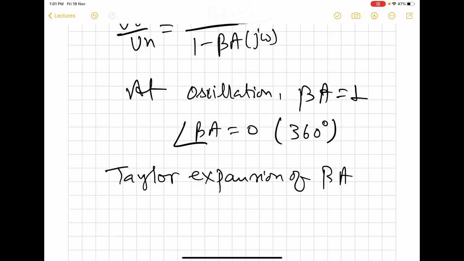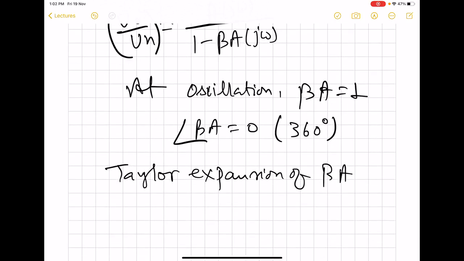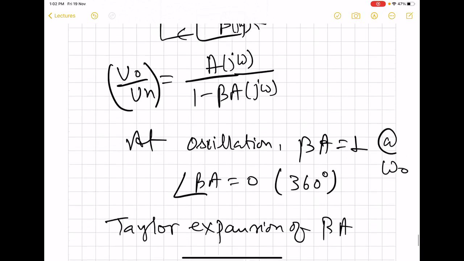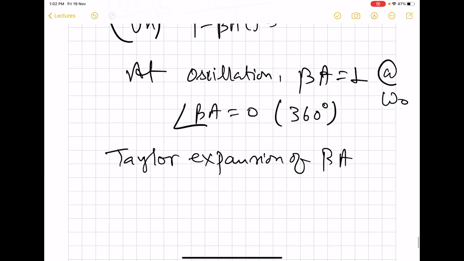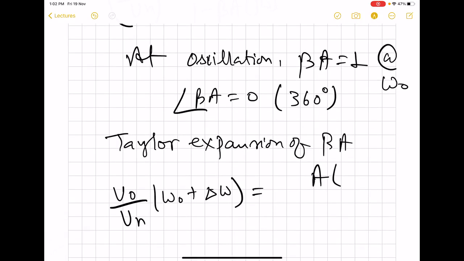Why we are doing this is that we are trying to find out the value of this transfer function in the neighborhood of omega naught. So suppose this oscillation occurs at frequency omega naught. We want to know what the transfer function value will be when we are slightly away from omega naught, at this value.